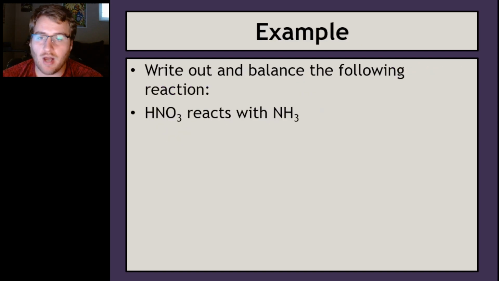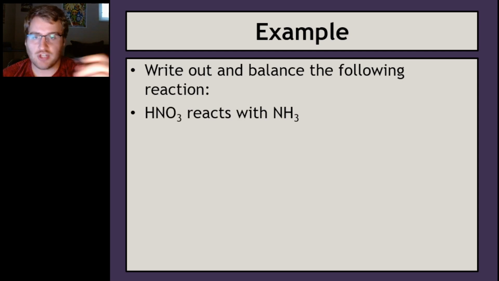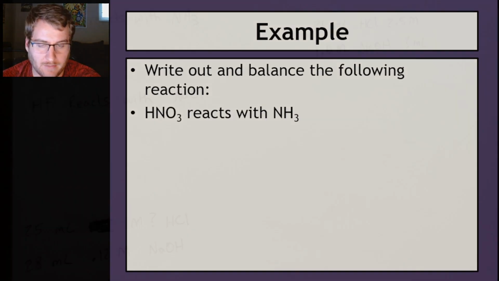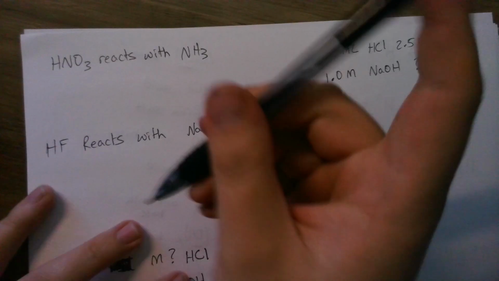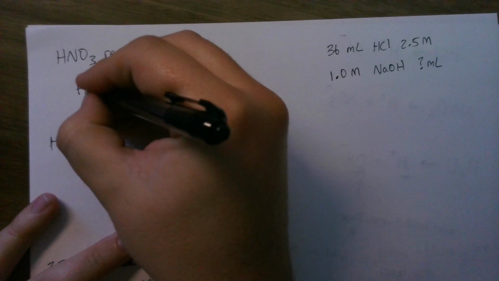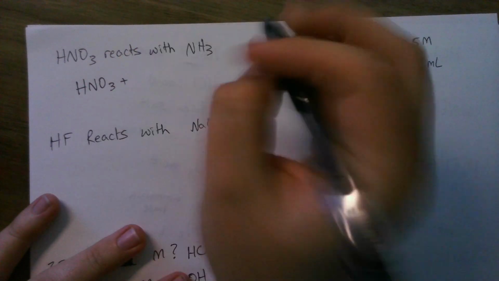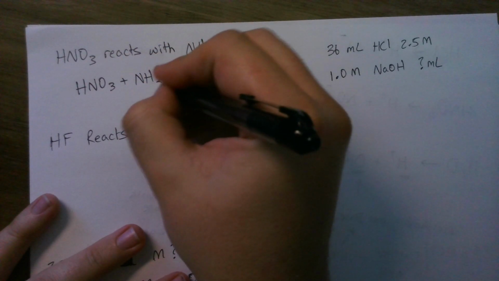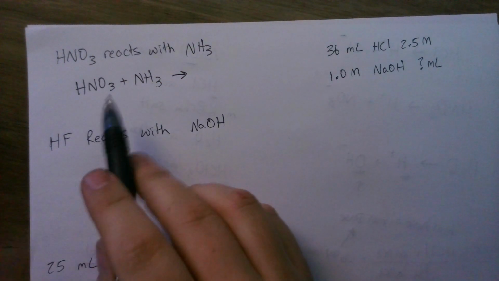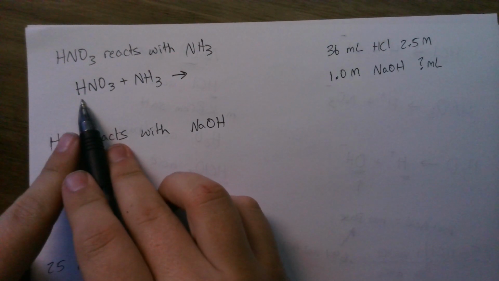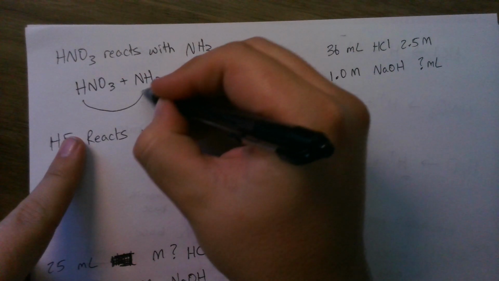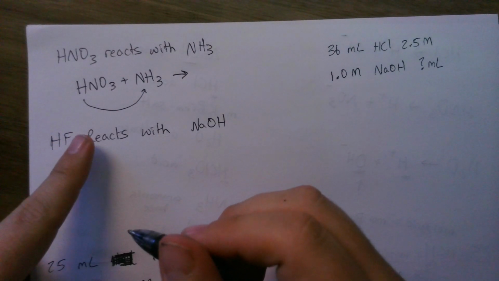So we have a couple of examples here of writing neutralization reactions. HNO3 reacts with NH3 is an acid and a base reactant. So that tells you they're reacting. They are your two reactants. HNO3 is going to lose an H. It's going to give its H over to the base.